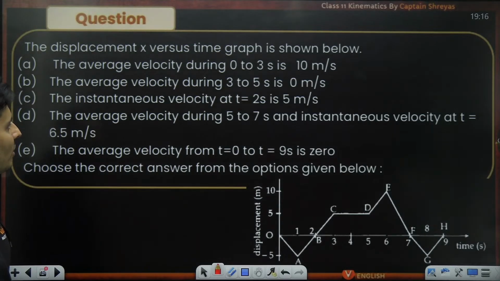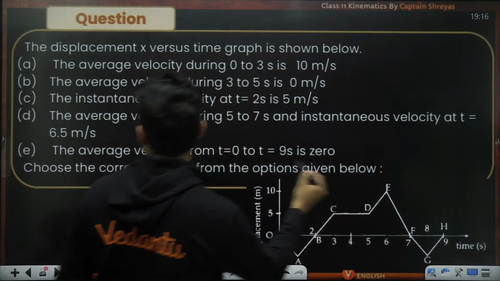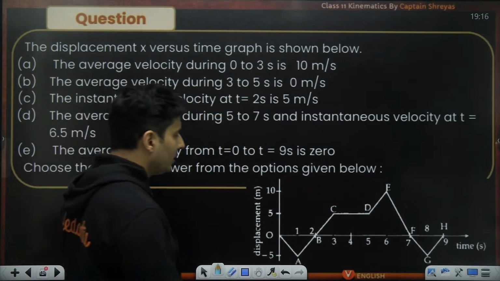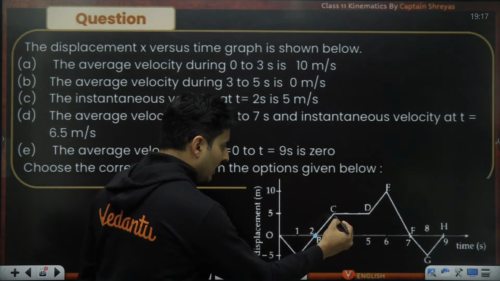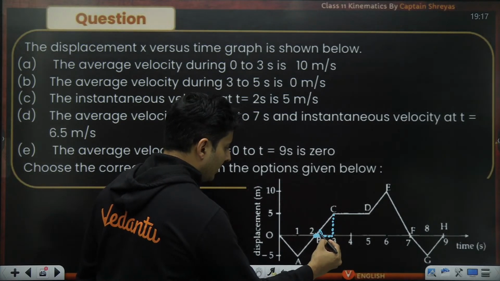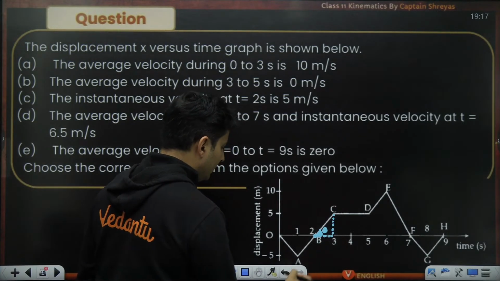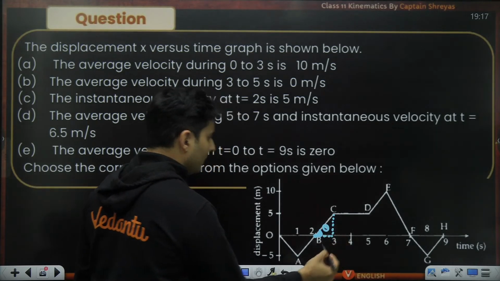Instantaneous velocity you want to find, or you want to find the average velocity. Both also you can find it, guys. It's not that difficult. See, instantaneous velocity at 2 seconds. That means here, that is the slope. So that means you need to find this particular thing. If this is theta, tan of theta.